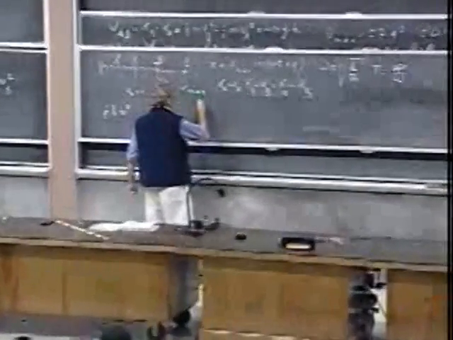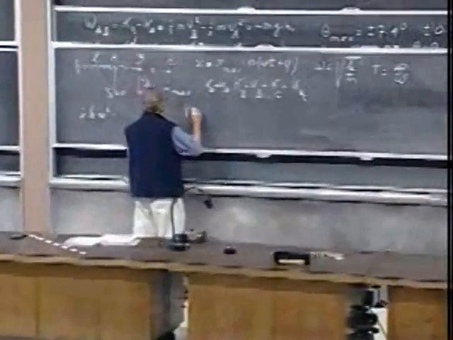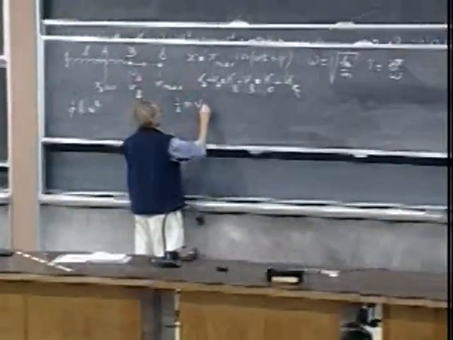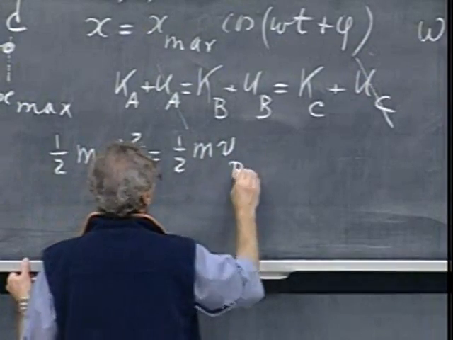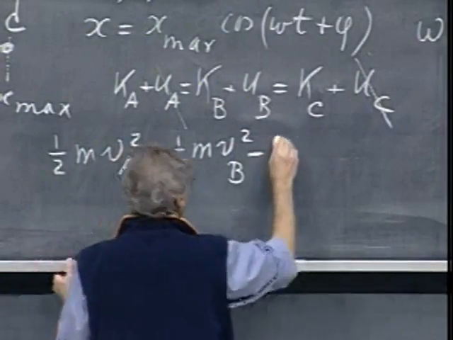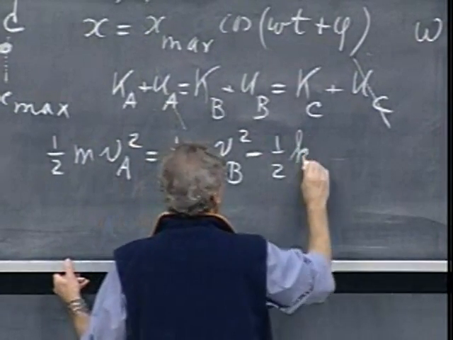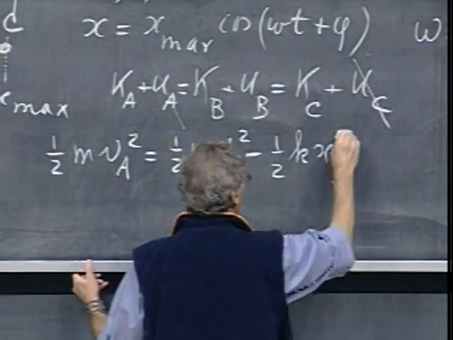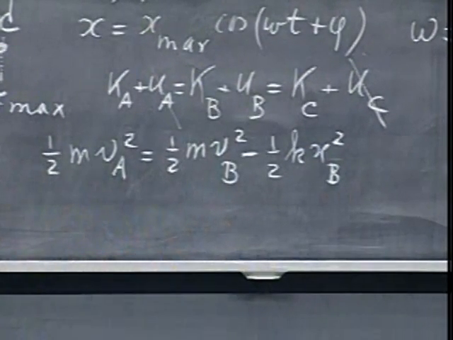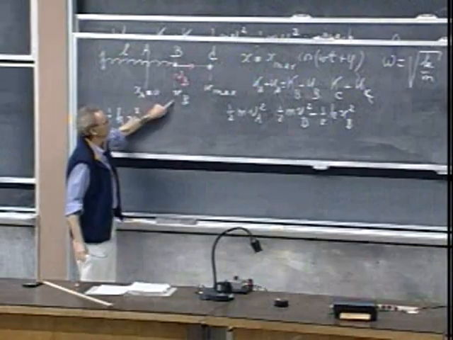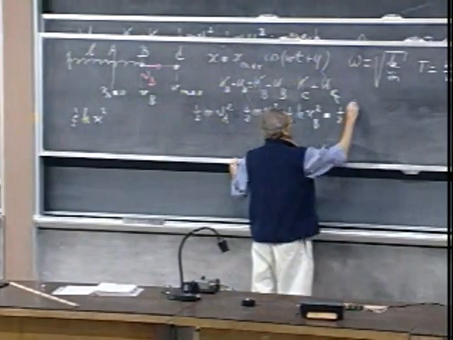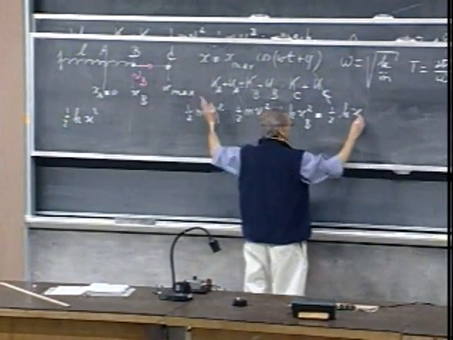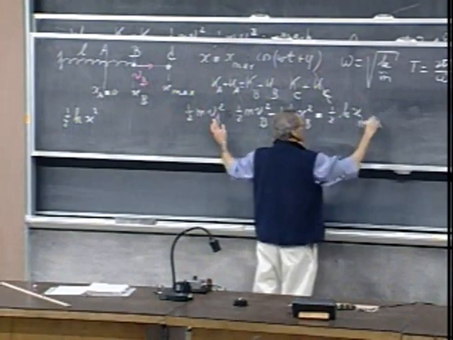So we get that 1/2 m V_A squared equals 1/2 m V_B squared minus 1/2 k x of B squared. That is the potential energy at this location. And that equals 1/2 k x of C, which we have called x max squared.